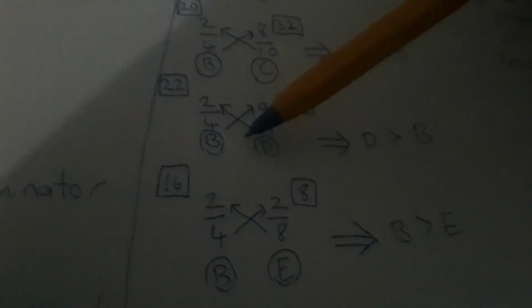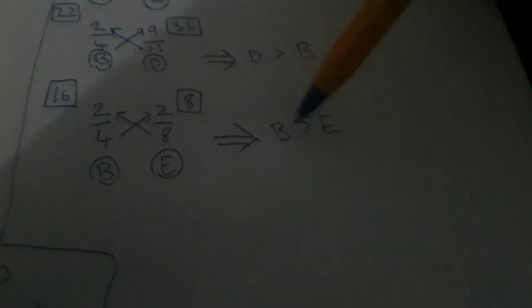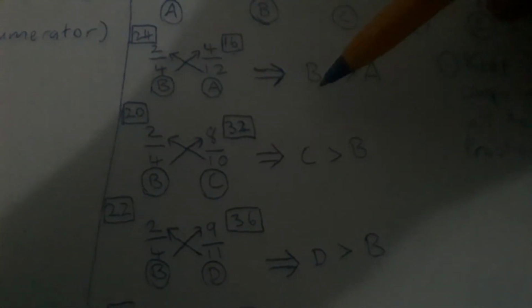Then I did that for D, and we need E. Same thing, cross multiply, and I came to the conclusion that D is bigger than B. For the last one, I compared B to E, and B is bigger than E. Now that we finished comparing all, we can start from the top and start fixing our positions.